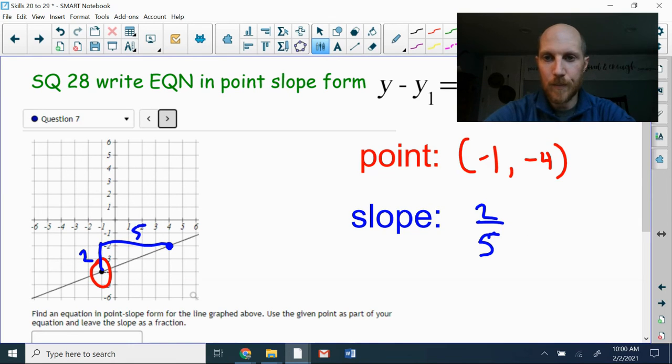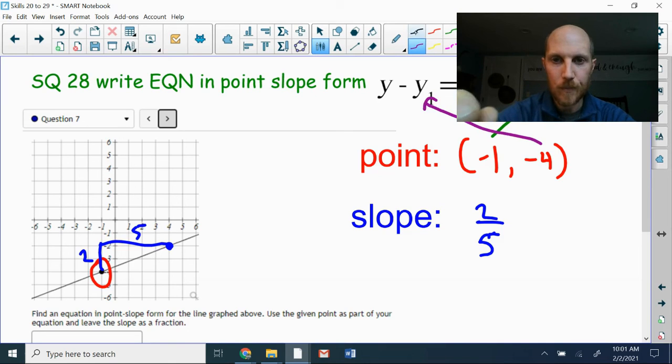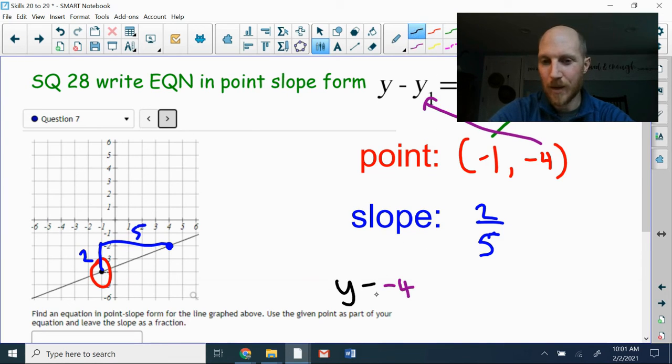The slope is going to go into the m spot. The x coordinate out of that point goes over here in the x spot. The y goes over here in the y1 spot. So in the answer box down there, I would write y minus negative 4. I'm going to combine the minus and negative 4 to make it a plus.